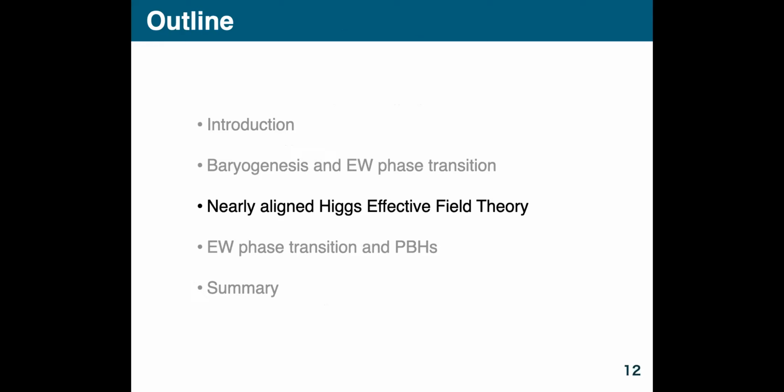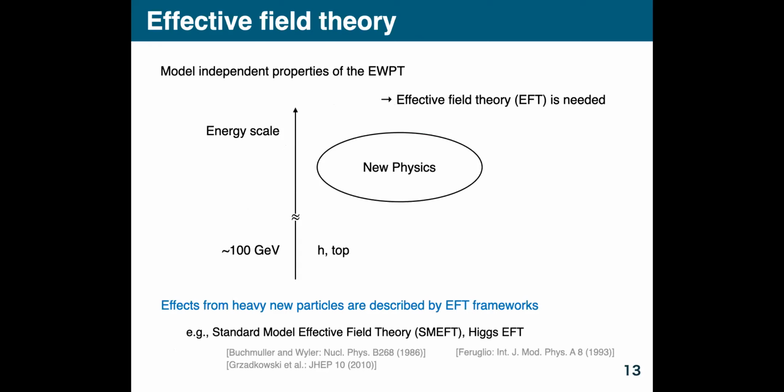Next, I'd like to explain the new EFT framework. So far, we have discussed the dynamics of the electroweak phase transition in several extended Higgs models. However, if possible, we want to extract the model independent properties of the electroweak phase transition.